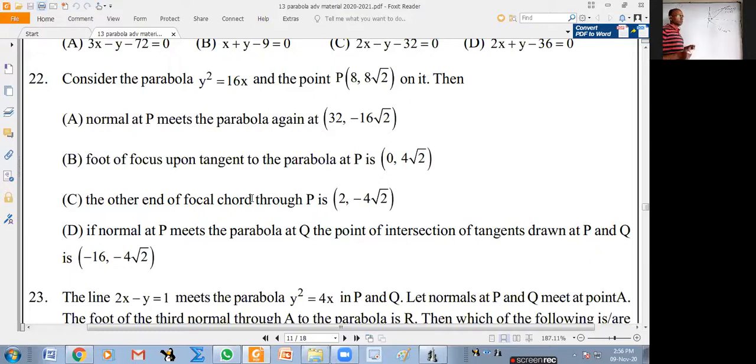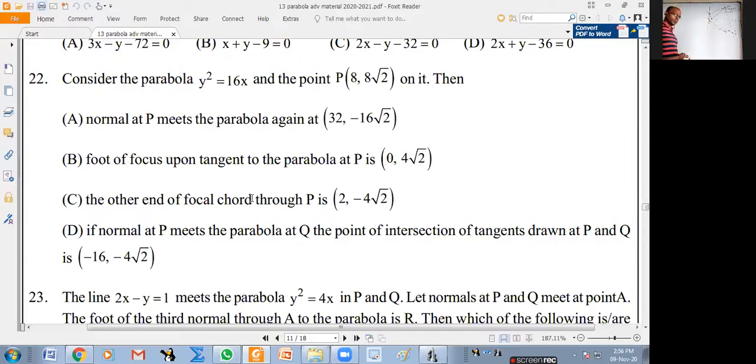Normal at P meets a parabola again at Q. You are asking what is this point? The foot of the perpendicular from the focus on the tangent, that is this point. And the other end of the focal chord through P, that is this one.